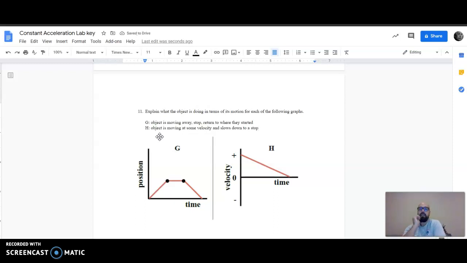And that's perfect. That is a negative acceleration. It's not the same thing as a negative velocity. So one thing that I want you to be able to realize is the whole time velocity is positive. It's above the x-axis. So that means the object is moving forward in a positive direction, but just slowing down.